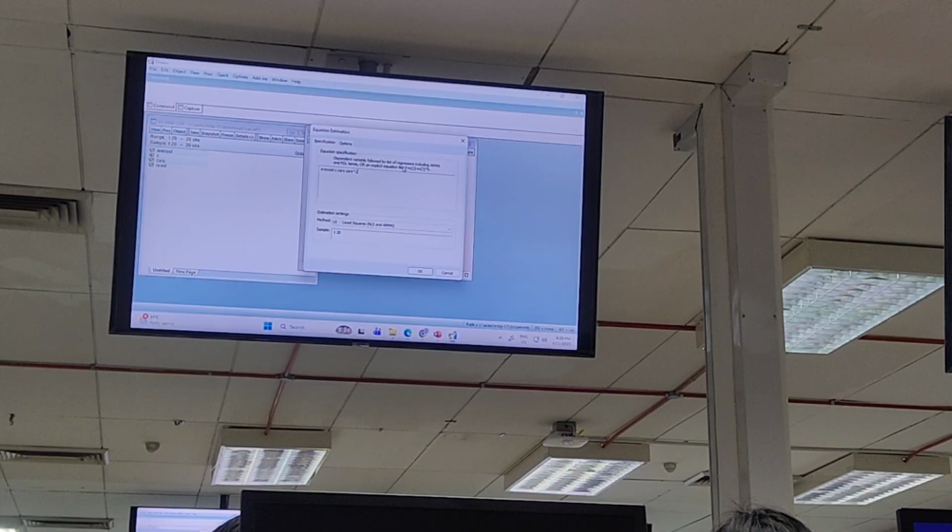You can type it using this form also, but I think it's faster to write it like this: the dependent variable followed by c for the intercept, and then the list of independent variables. This also produces the same estimate.